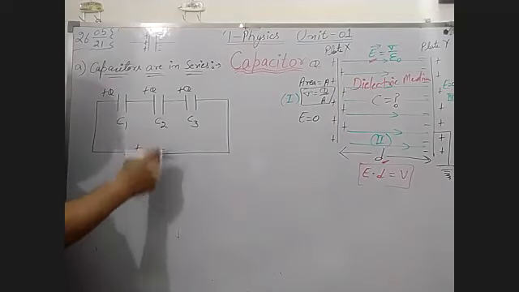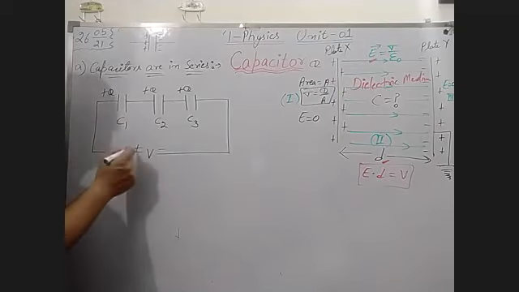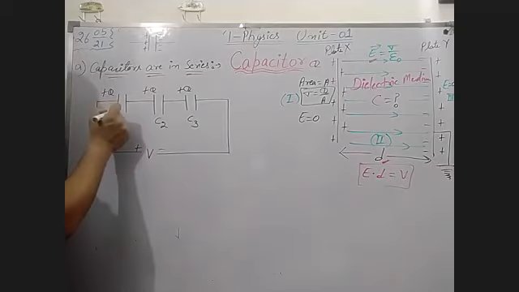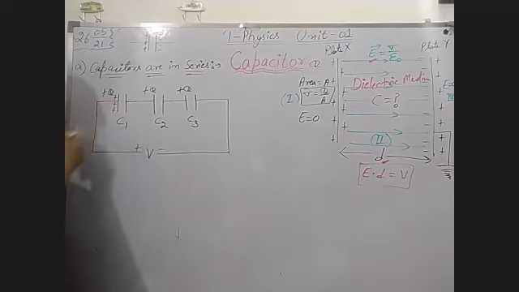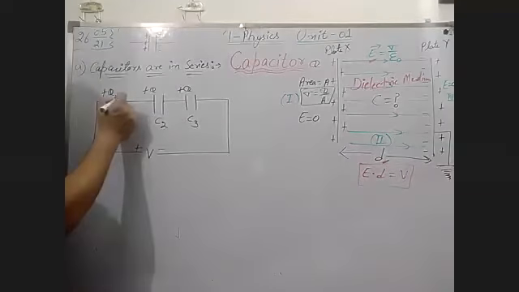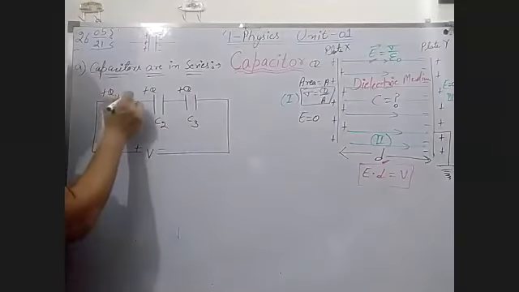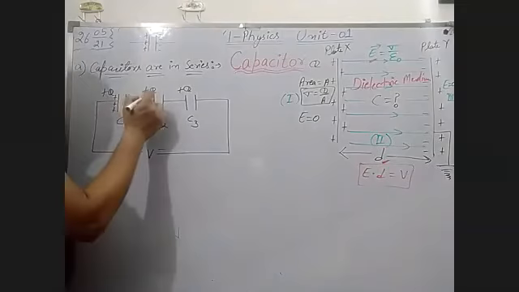V is the total potential, and in this potential, this side is plus, this is minus. You can take a battery also, V plus, V minus. This side is positive, and this one is negative because another charge goes to earth.